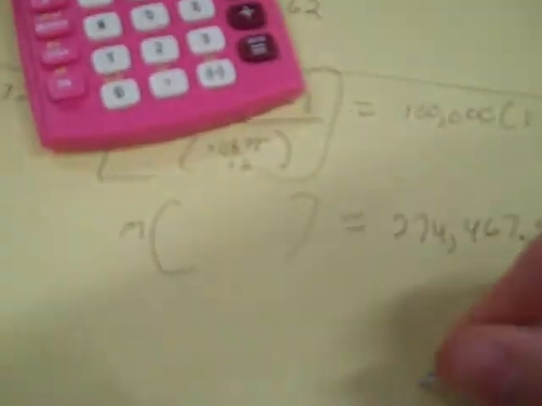And then I divide that by the quotient of 0.0675 and 12. Now I take my $274,467.58 and divide that by the answer. Remember, I click second and then answer, and it carries it over. That's going to be $884.91.